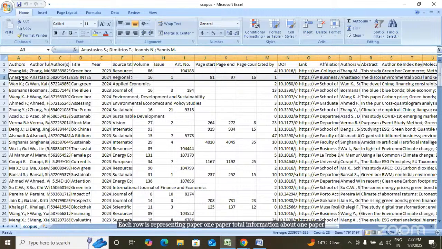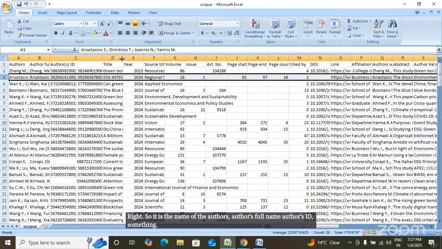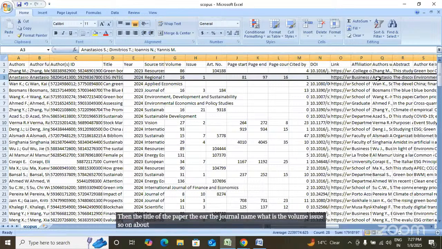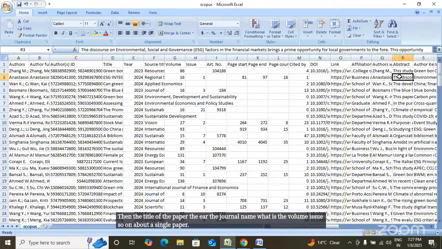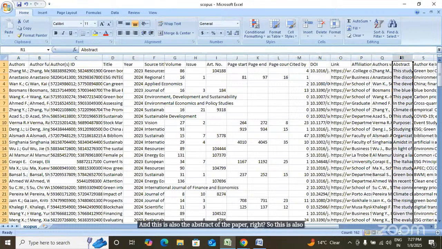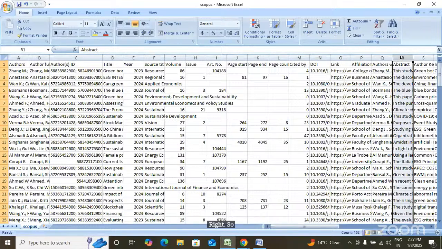So it is the author's full name, author's ID, then the title of the paper, the year, the journal name, the volume, issue, and so on about a single paper. And this is also the abstract of the paper, right? So this is also very, very important when we do the SLR. So this is how we extract the papers.